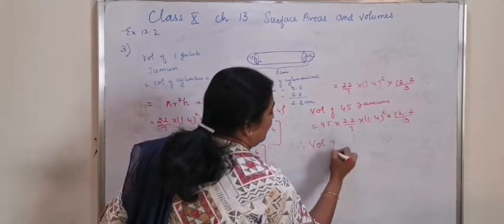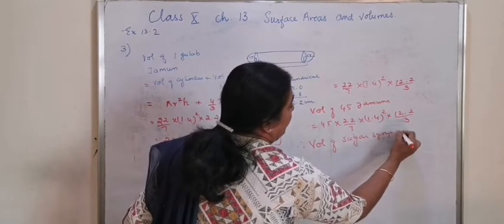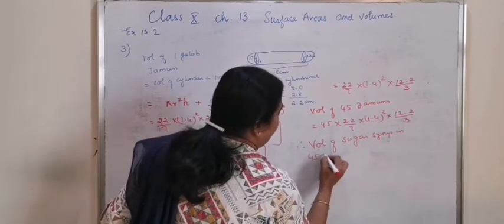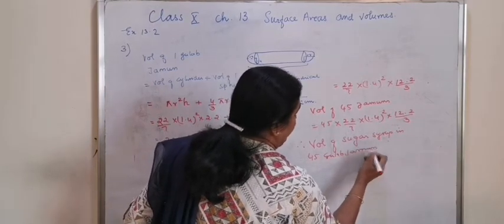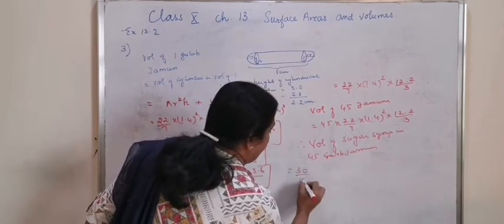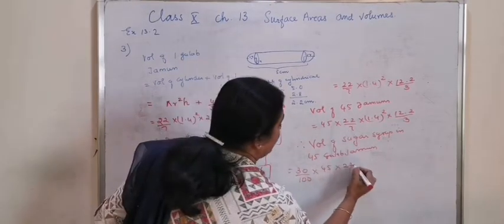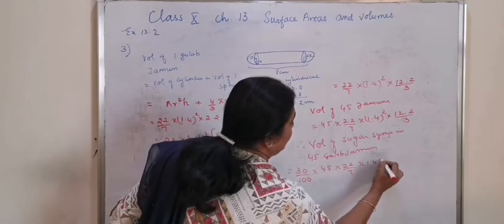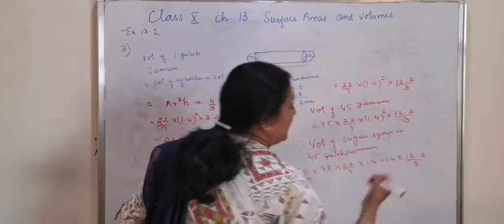Therefore, volume of sugar syrup in all the 45 gulab jamuns is equal to 30 by 100 into 45 into 22 by 7 into 1.4, 1.4, 12.2 divided by 3.